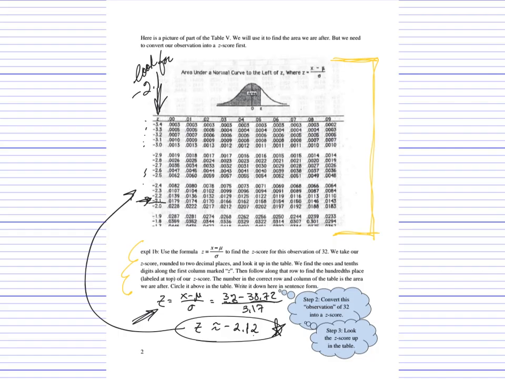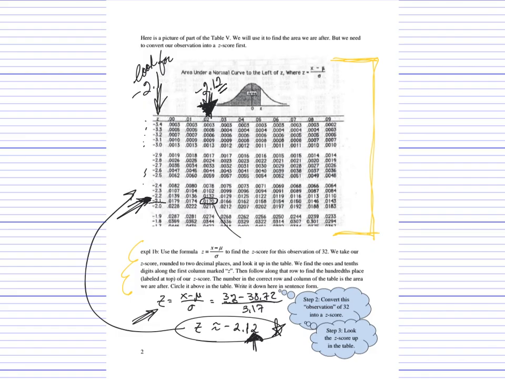And then the hundredths digit from your z-score is in here in that 0.02 column. So that's how we get to the hundredths column. And right in that row that we saw before with negative 2.1 and the column that is associated with the hundredths digit of 2 gives you an area.